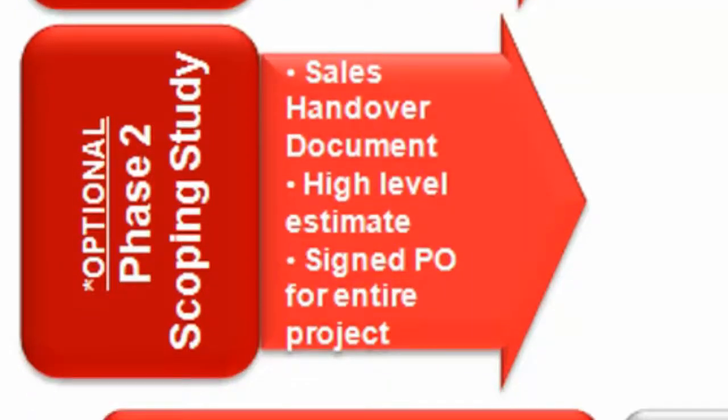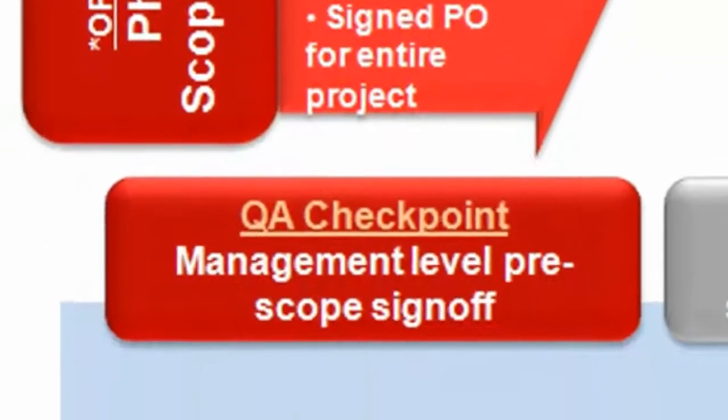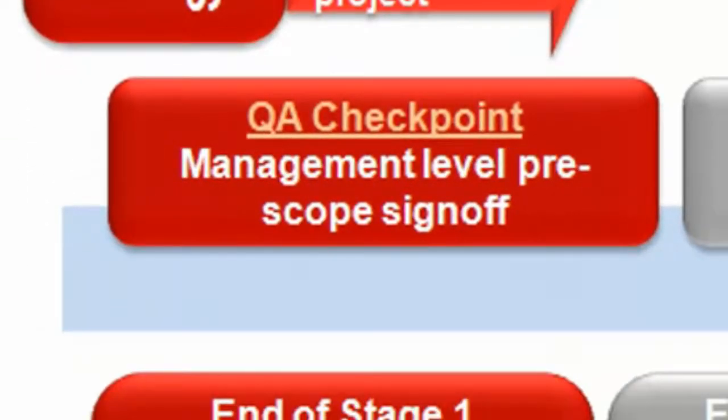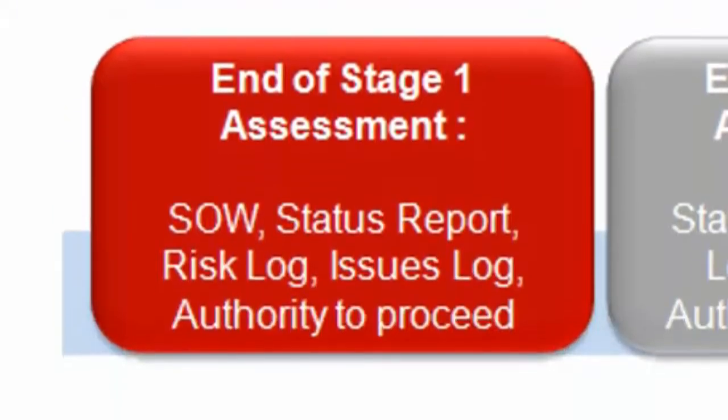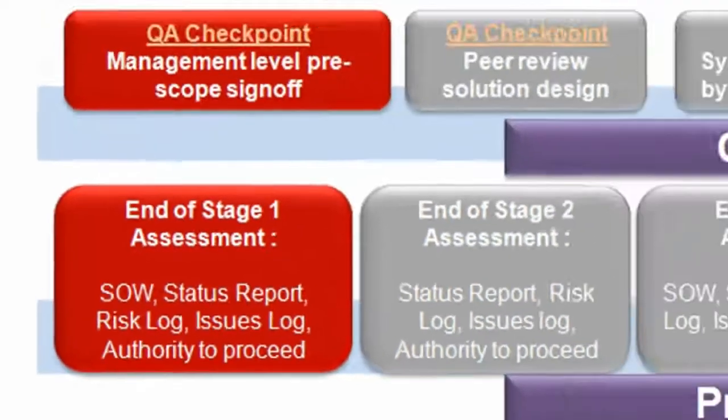Scoping study, an optional phase, is the phase where high-level estimation of the project is performed. Each stage has its QA checkpoint, where a management-level pre-scope sign-off is performed. Stage 1 ends with the assessment work, which is done for SOW or project charter, status reports, risk log, issues log, and authority to proceed.